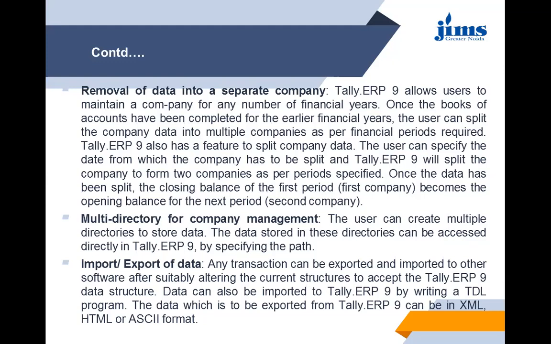The user can specify the date from which the company has to be split, and Tally ERP9 will split the company to form two companies as per the periods specified. Once the data has been split, the closing balance of the first period, that is the first company, becomes the opening balance of the next period, that is the second company.